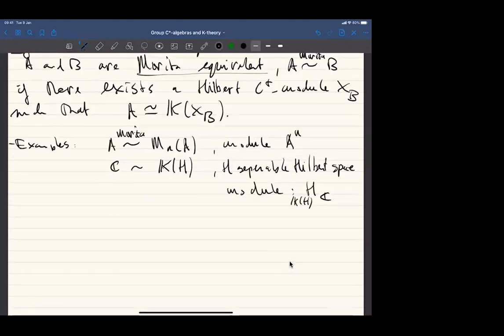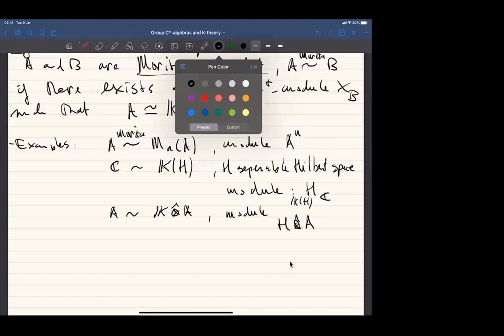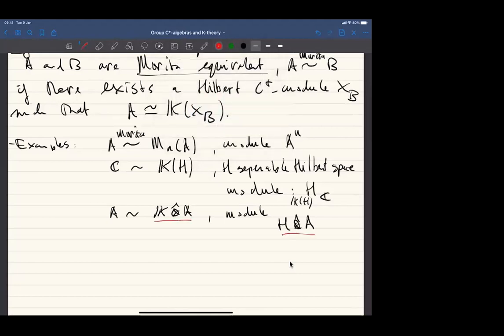And okay, I haven't treated tensor products, but you can maybe guess what this means. So if I take an arbitrary C-star algebra A and I tensor it by the compact operators on some Hilbert space, then that's also Morita equivalent to A itself, and the module would then be H tensor A. I guess I won't have time for that, but these are completed tensor products.